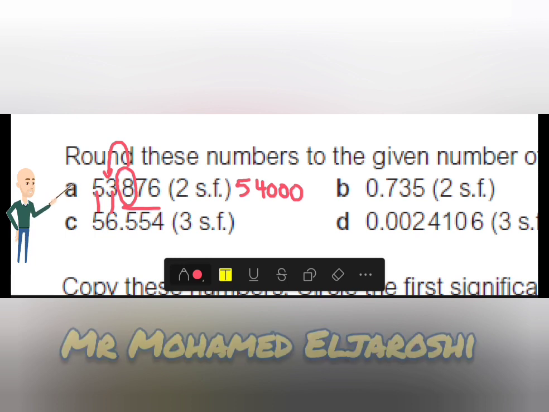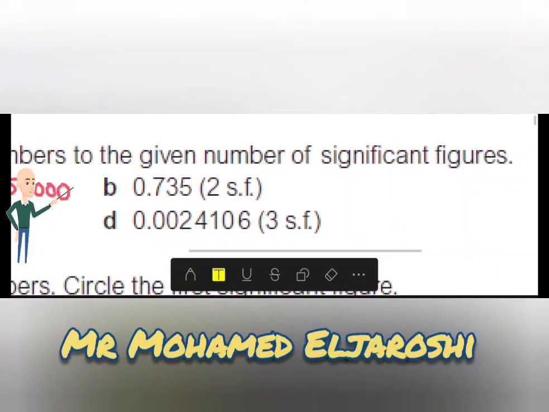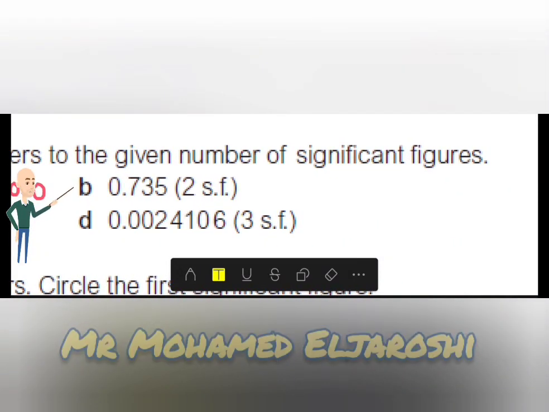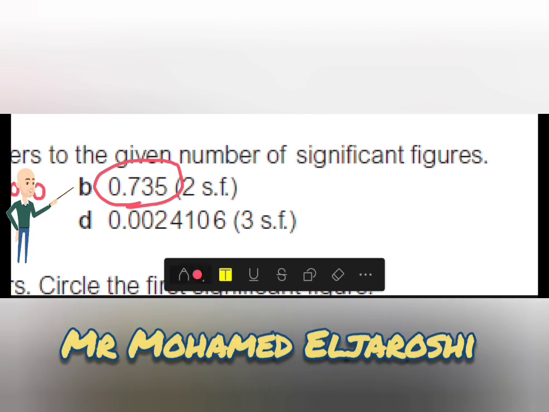Now let's take a look at B. We have 0.735. Now when you have a decimal point, you will have zeros, and when you count, you don't start with zeros, so you don't count zeros, but you have to write them in the answer. So the first thing you do, you write 0 point with a decimal point.